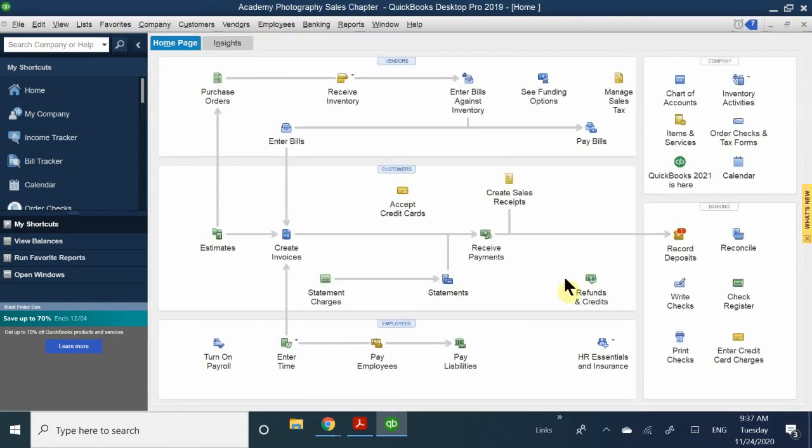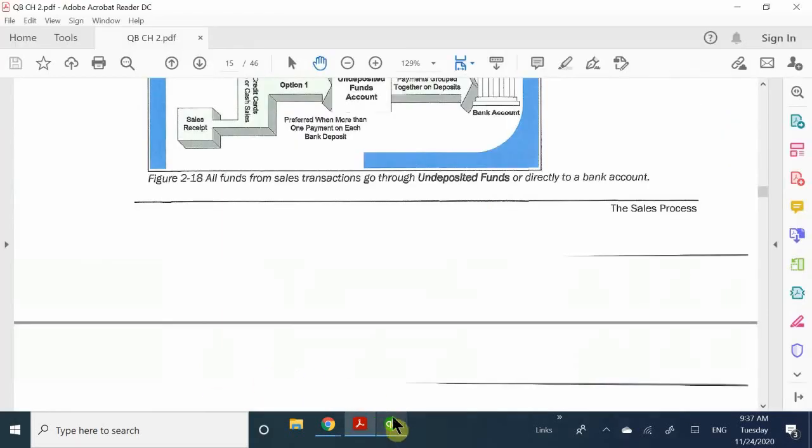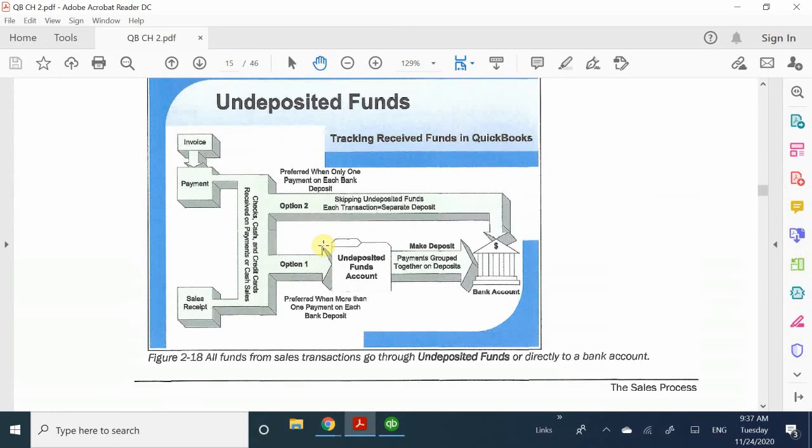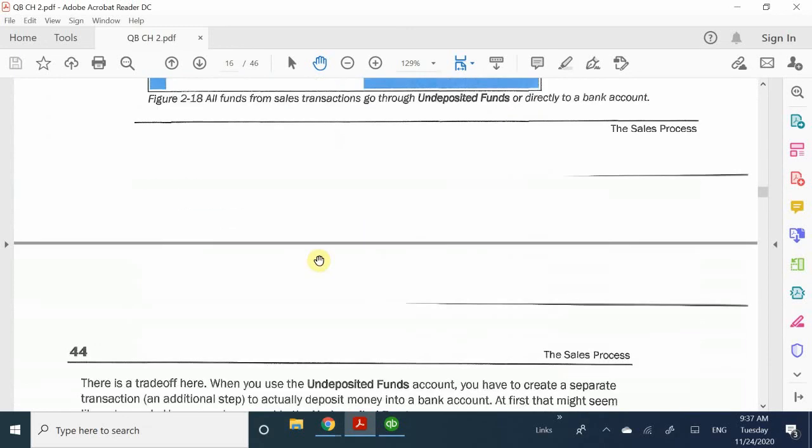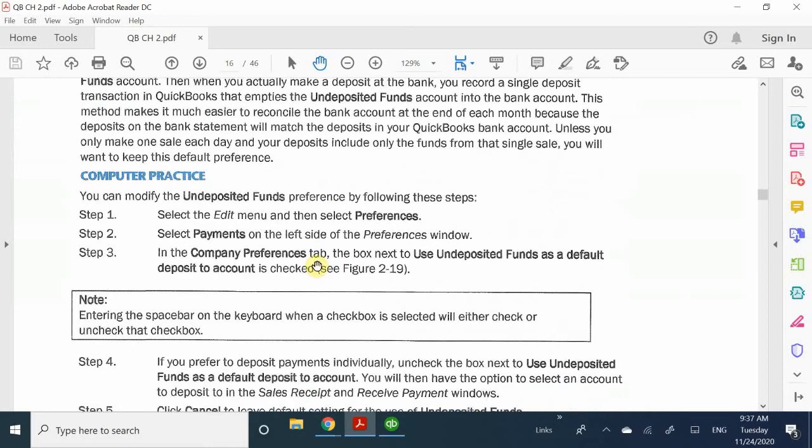I'm going to wait till I have a lot more things, because I'm going to show you what happens when you typically combine all your checks and all your cash and all your payments. So we'll talk about undeposited funds in a minute. So here, there are options where you can actually set up an undeposited funds account.